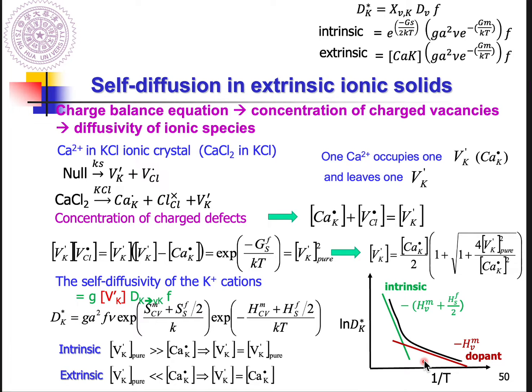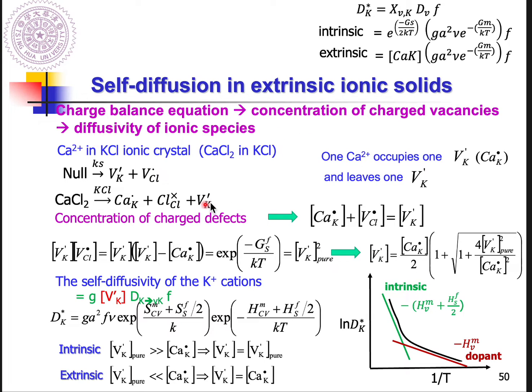But in your experiments, probably you just have a doped ionic solid. What can you do to get the energy term? Usually what we are interested in would be the energy term.